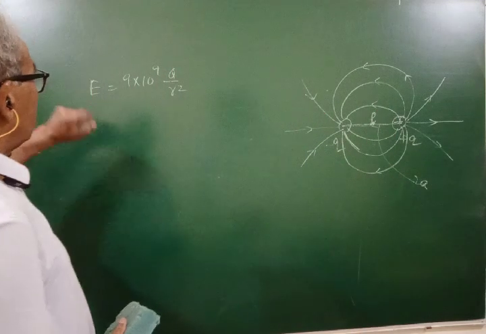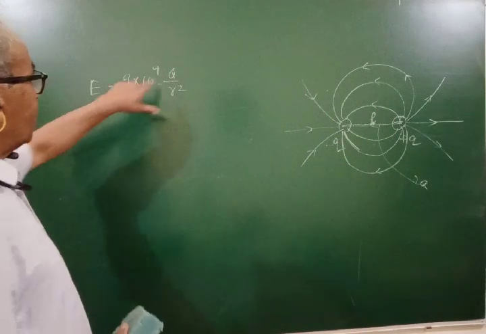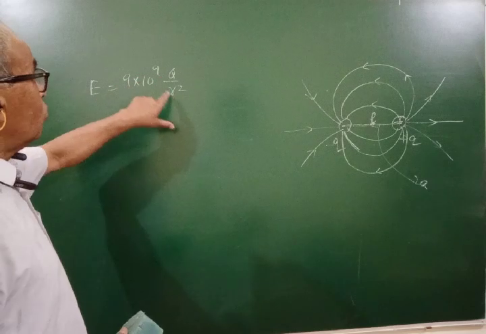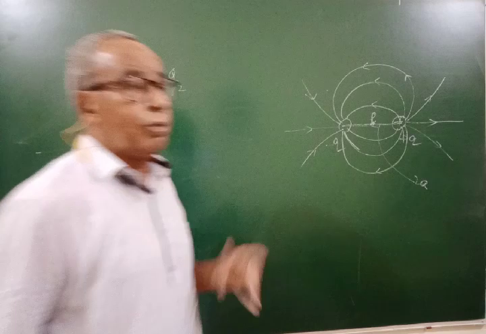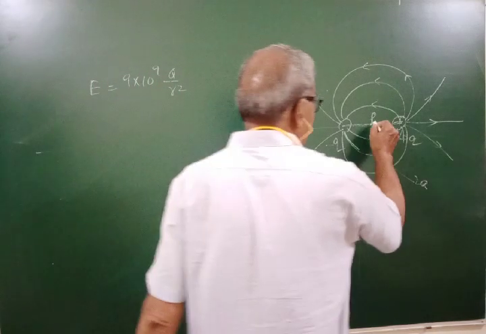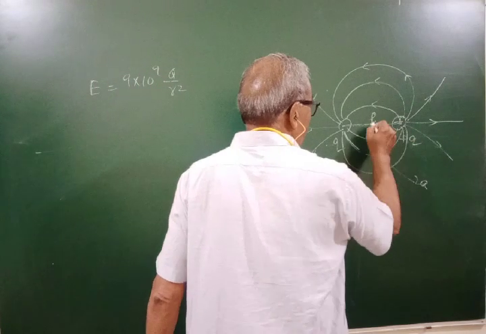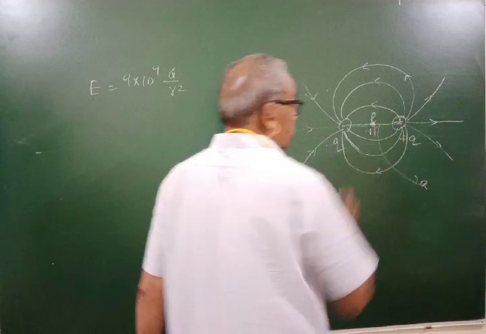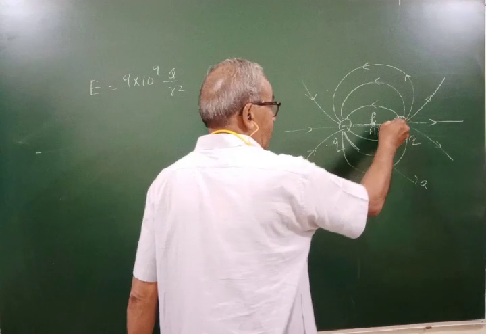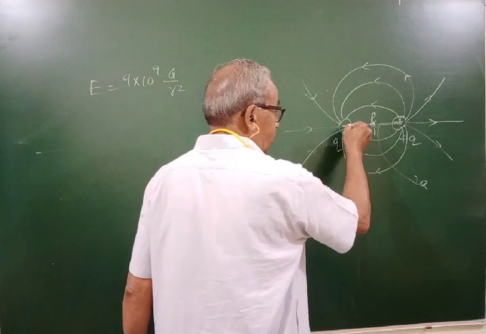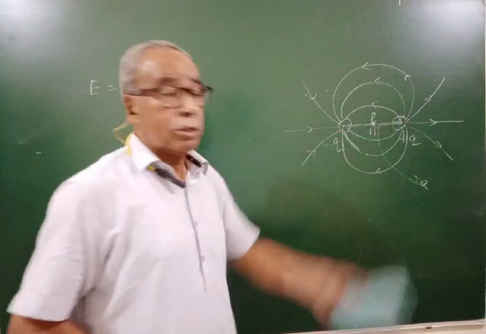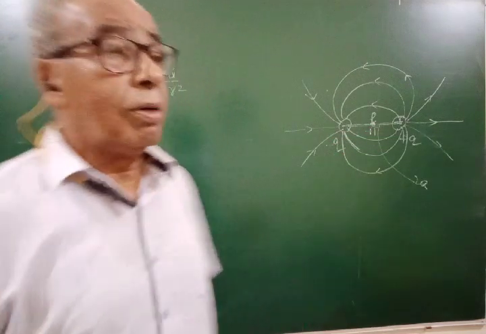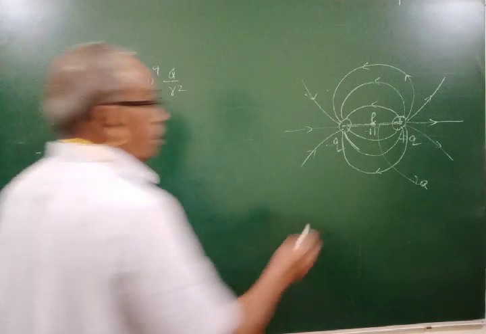So E equals 9 into 10 to the power 9 times minus q upon r square plus q upon r square, can be added, so field is 0? But field here is never 0, because field is the force on a unit positive charge. The positive charge is repelled, the negative attracts, the same way. So the field will be twice the field of a single charge, never 0.